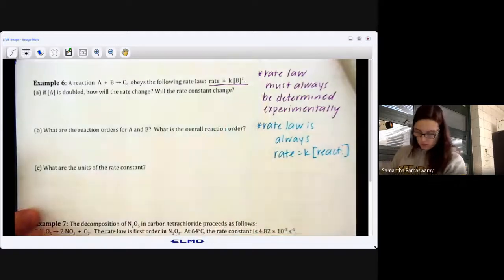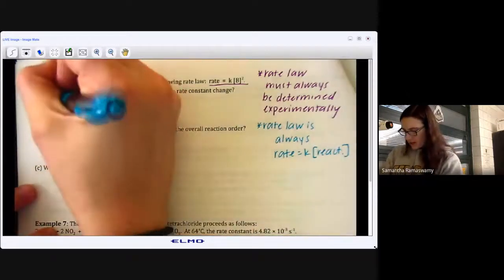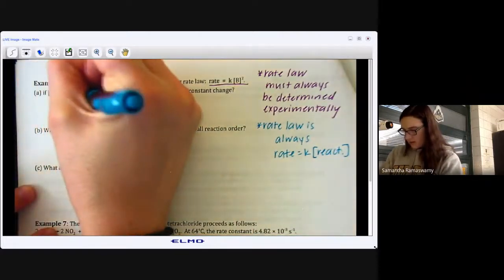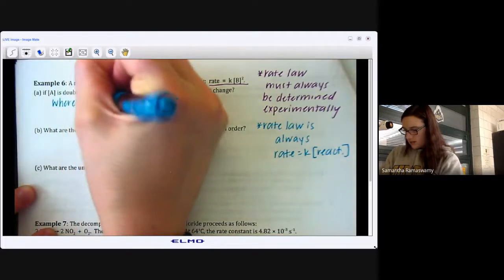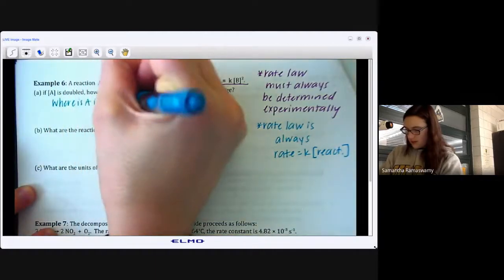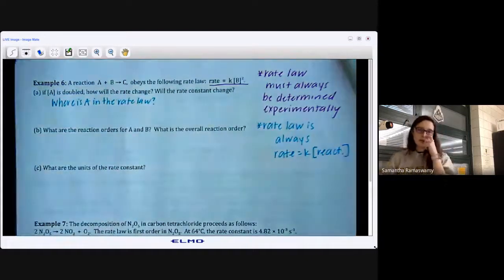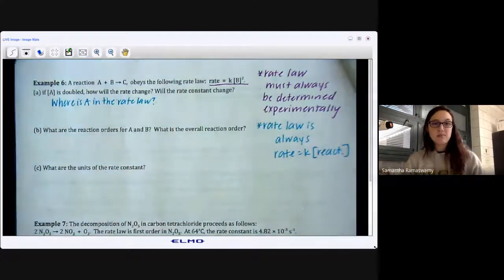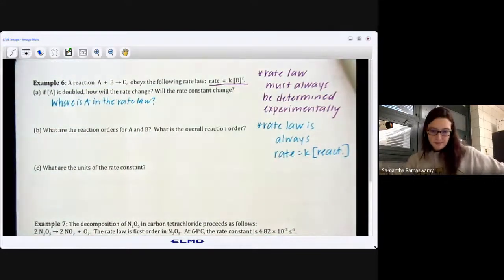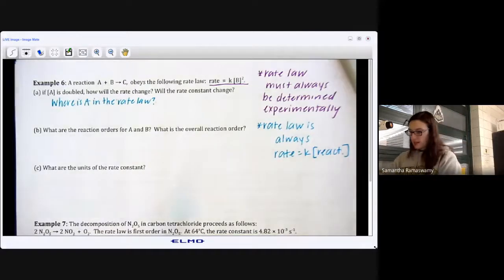So the first thing that I would ask is where is A in the rate law? I'm writing these questions so that if you're looking back at the examples, that can be something that you ask. So where is A in the rate law? Well, it's not there. Rate law is right here.